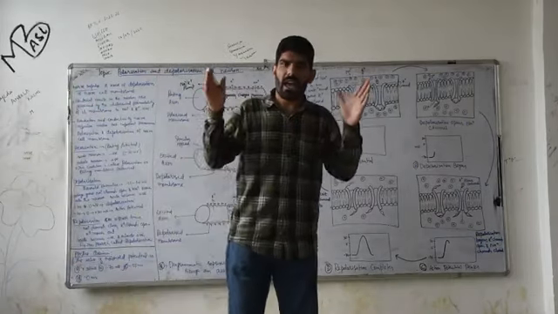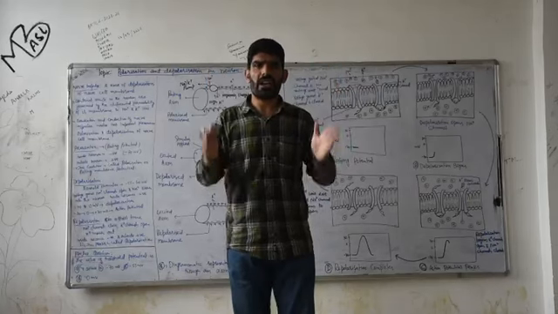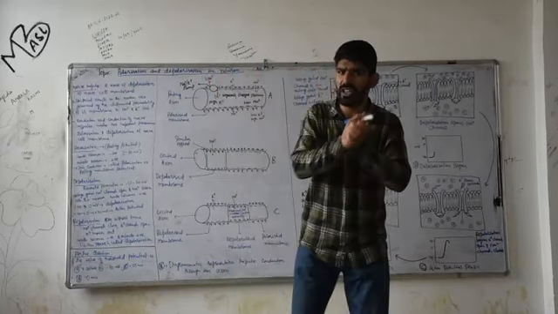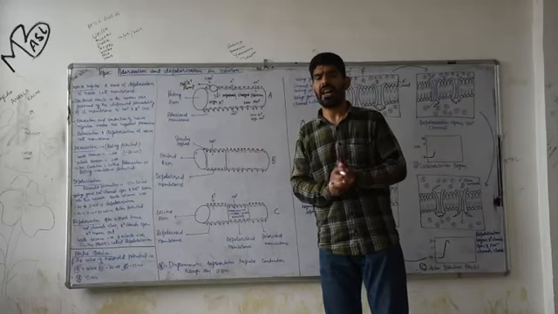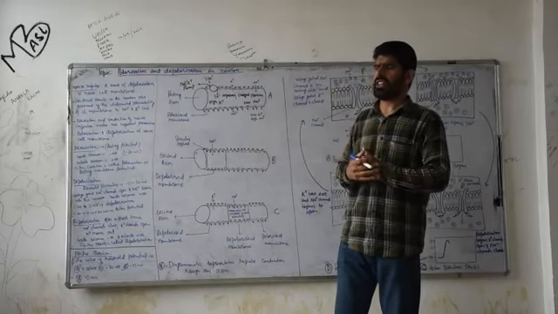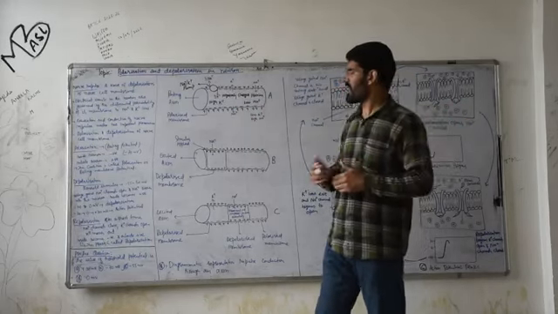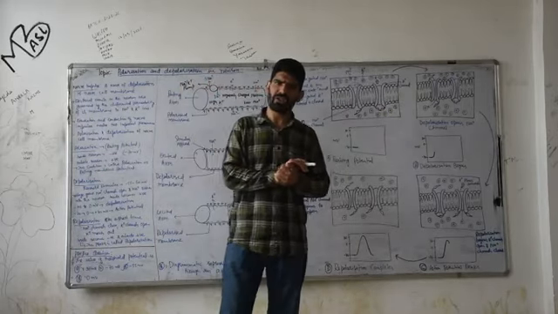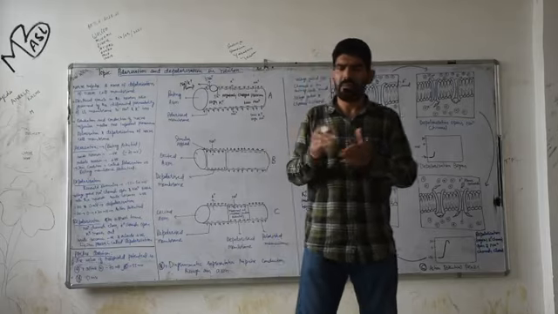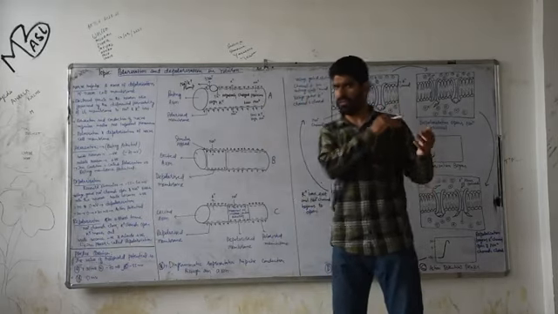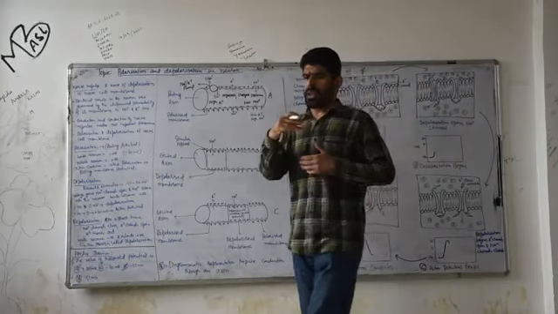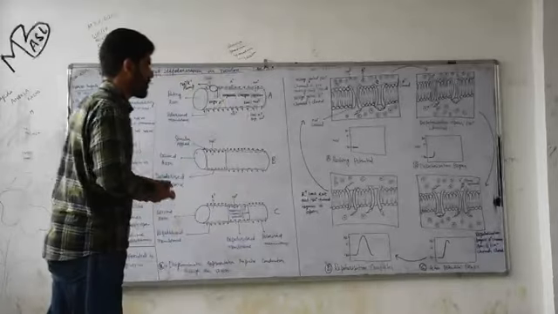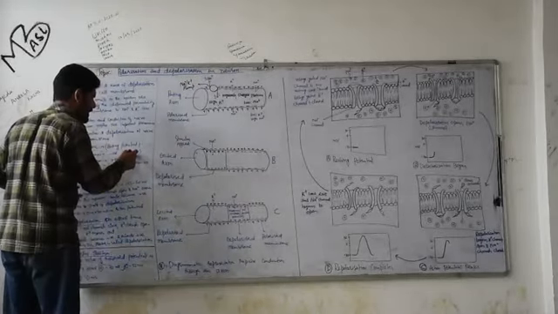So there is an electrical potential difference, or you can say simply a charge difference, and the charge difference or electrical potential difference in this case is called resting potential or resting membrane potential, because the neuron is in a resting state. The resting potential is minus 70 millivolt.